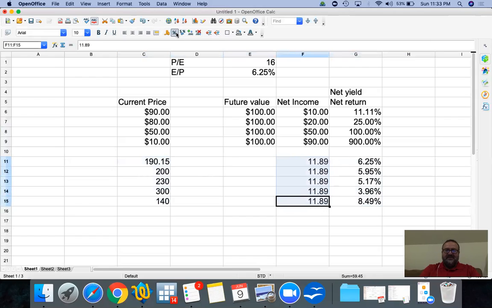Now, just like we talked about last week, the net income on a bond is known. There are some risks involved, obviously, and based on that risk, we would pay more or less, and we would determine the yield on that bond. By paying more, you earn a lower return. By paying less, you increase the return.